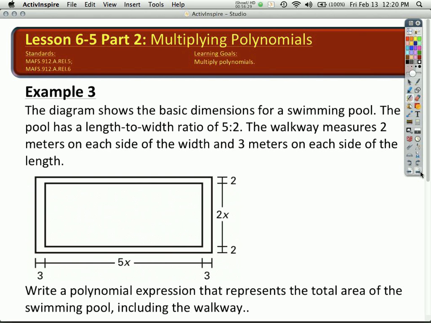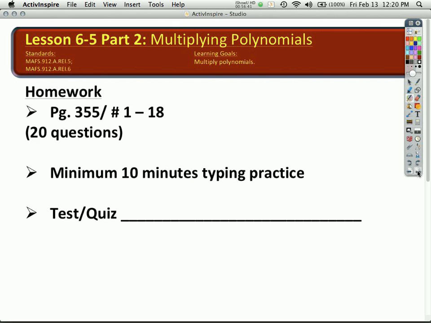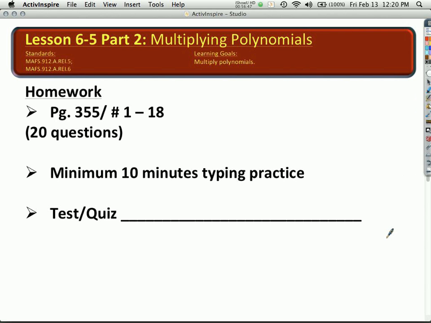It is my expectation that you will stretch your mind to apply what you've learned at a higher level into real scenarios. Do not skip any questions. So your homework, which you already wrote down last time, is page 355, numbers 1 through 18. But that counts as 20 questions because 2 of them have 2 parts. And you're going to have your chapter 6 test next Friday.